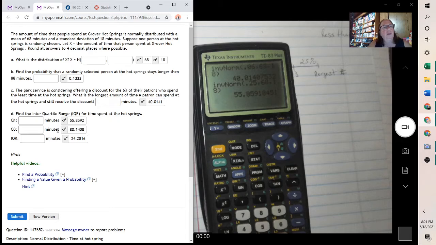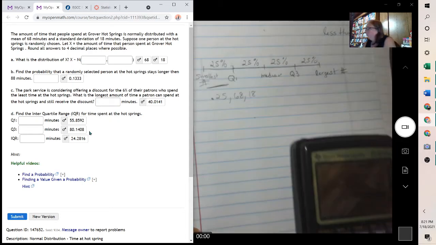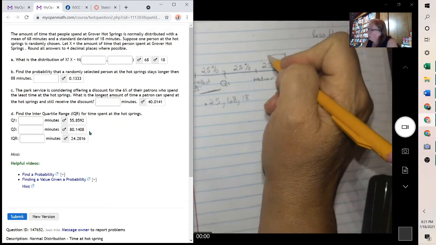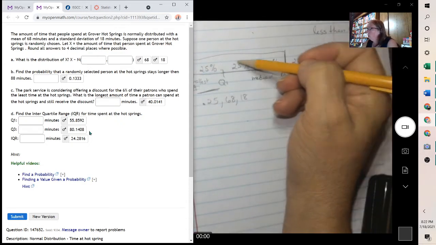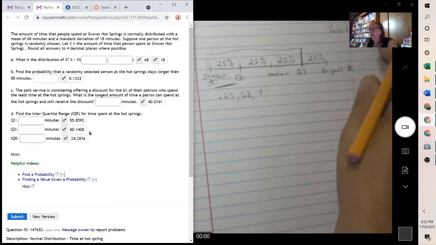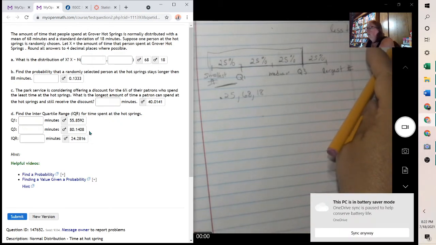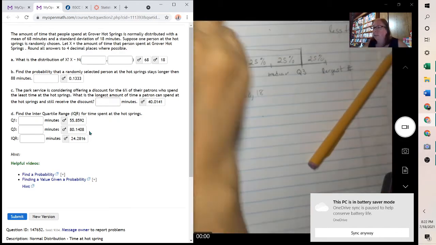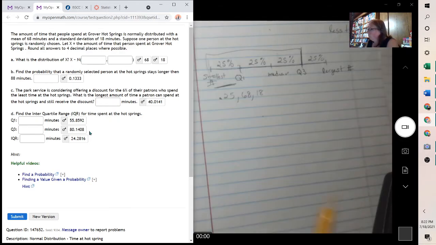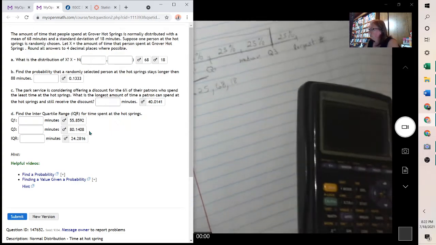Now the third quartile, notice that starts here. So below it is 3/4 or 75% of the data. So since it's 75% of the data, we would use 75 here.